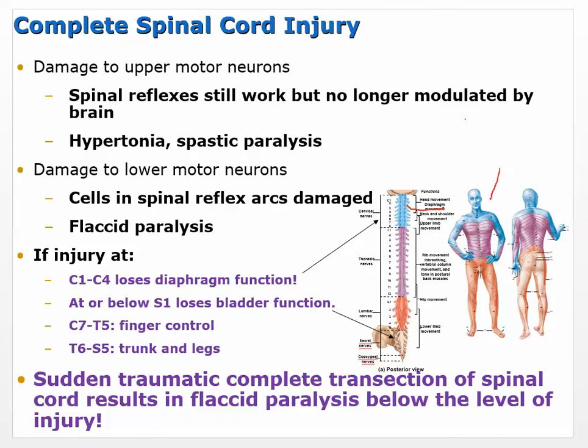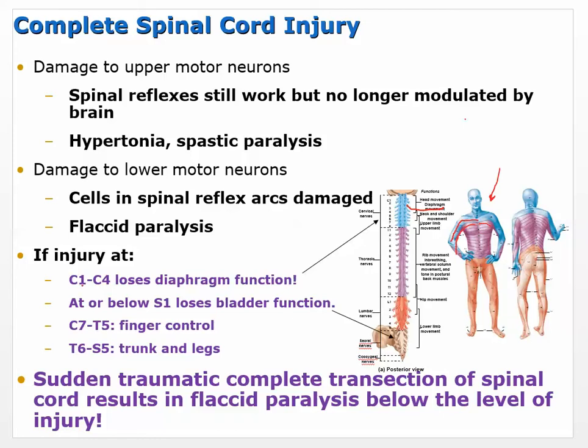This figure, with the blue and purple and orange, shows that as neurons move out from the thoracic areas, this might go to innervate the arms. It depends on where they come out. So any damage is going to be related to those spinal nerves, or in some cases cranial nerves, but the spinal nerves innervate certain areas.